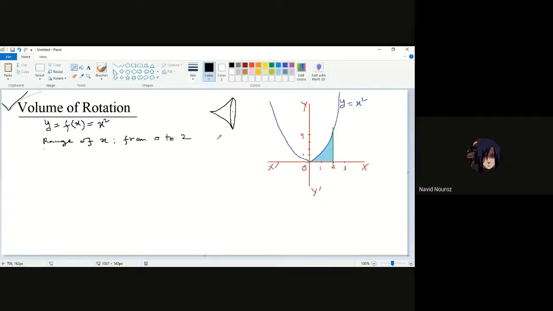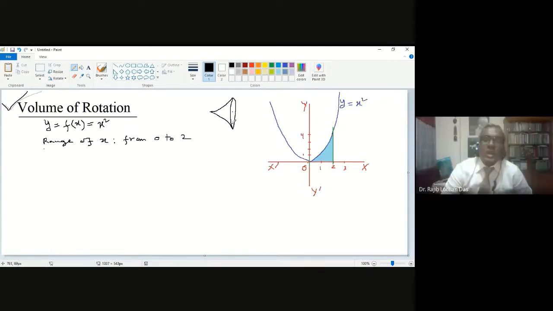Yes, sir. So that 3D shape you can imagine here, and after using the volume of rotation formula, you actually find out the volume of this particular 3D shape.